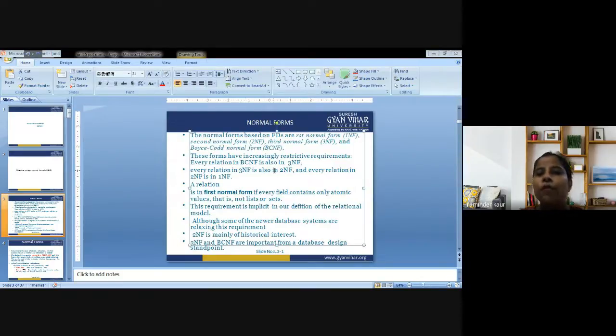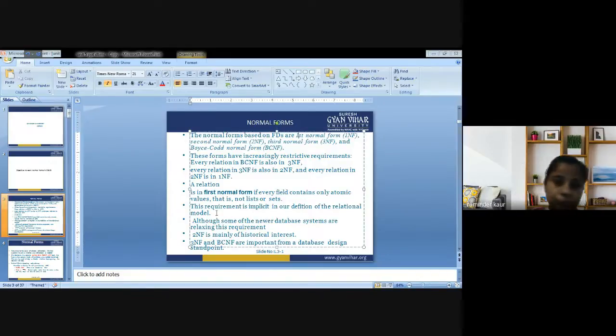The normal form is based on functional dependency. It could be first normal form, 1NF, second normal form, 2NF, third normal form, 3NF, and BCNF, that is Boyce-Codd normal form. These forms have increasingly restrictive requirements. Why is the term restrictive used?